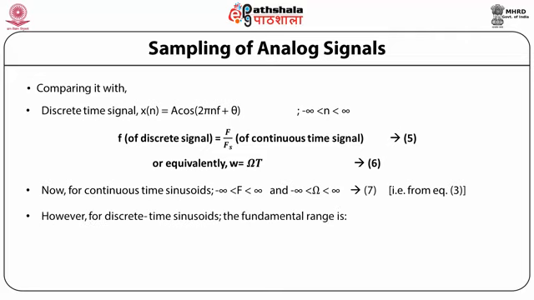However, for discrete time sinusoids, the fundamental range is omega varying from minus pi to plus pi, and small f is varying from minus half to plus half.